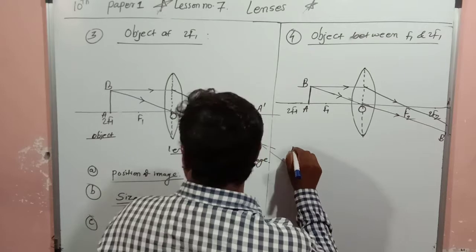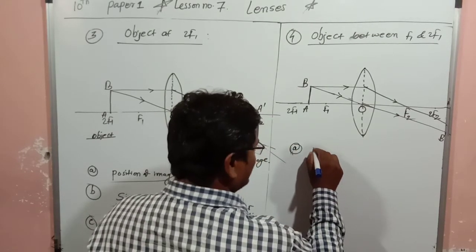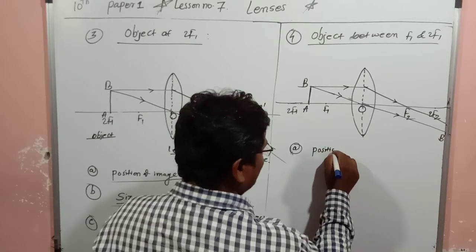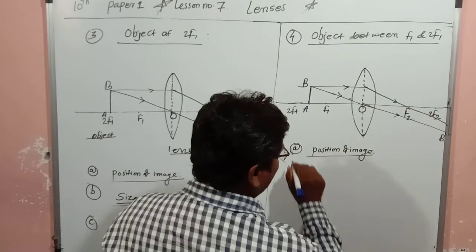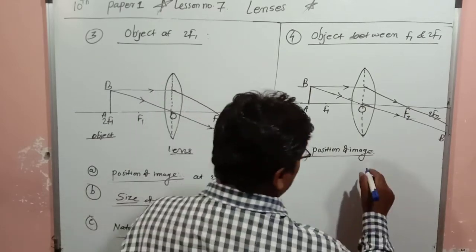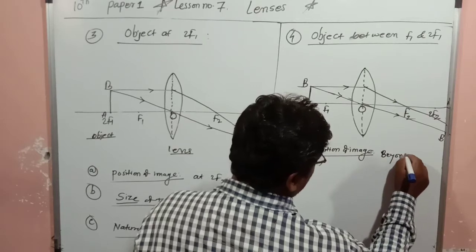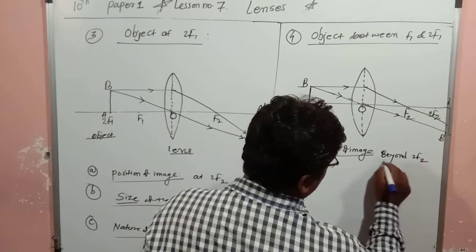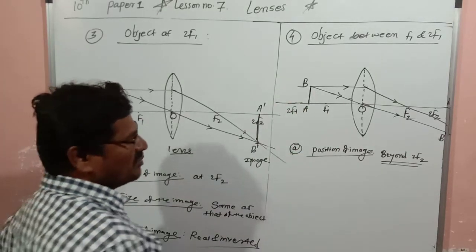So first thing, suppose A point is there, position of image. So where will be the image? Position of image is beyond 2F2. After 2F2, that image will be produced.